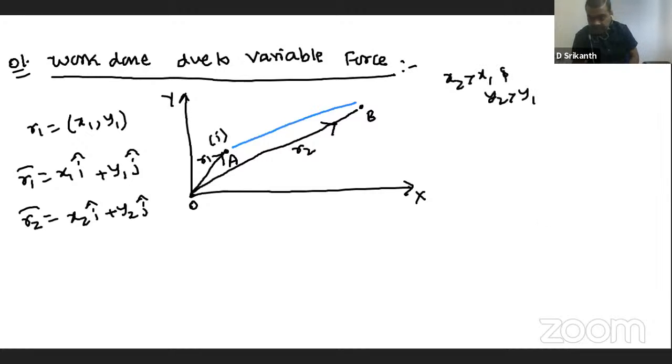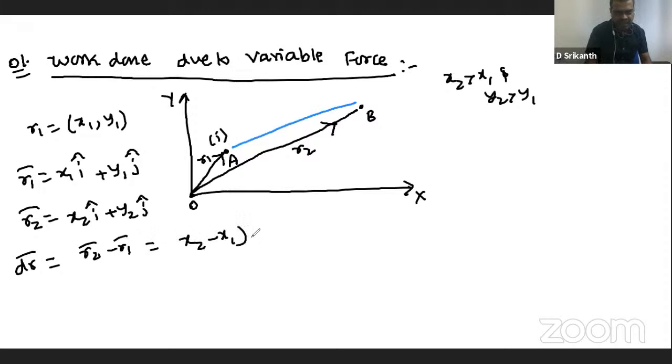So dr bar equals r2 bar minus r1 bar. That is nothing but x2 minus x1 i cap plus y2 minus y1 j cap. Can I write?